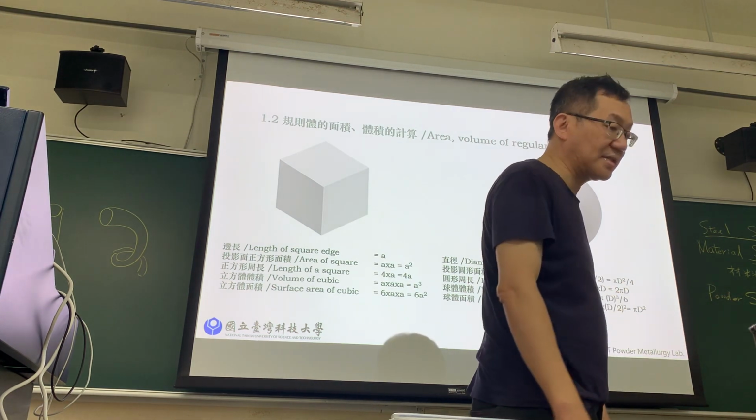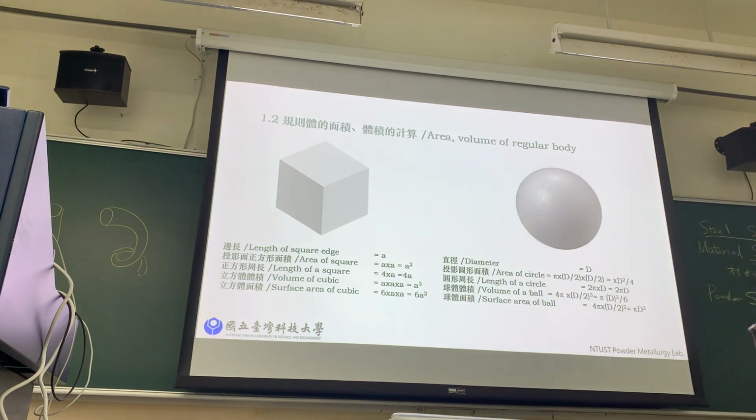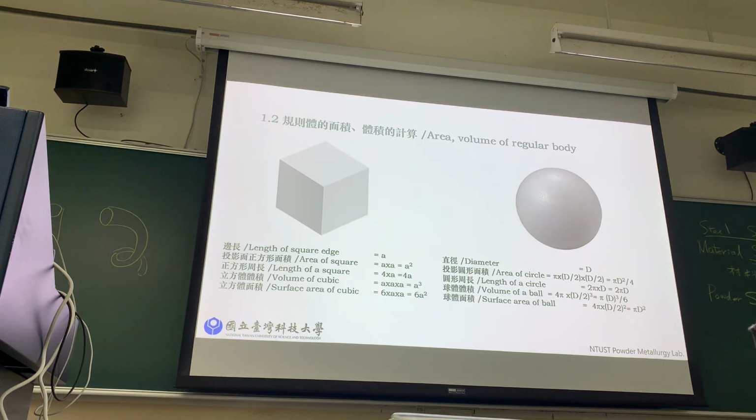Most people talk about the powder as if it should be like a ball. This one is much better. Why do you want a ball? Because it is easy to control the size and easy to calculate. But the process should be understood.